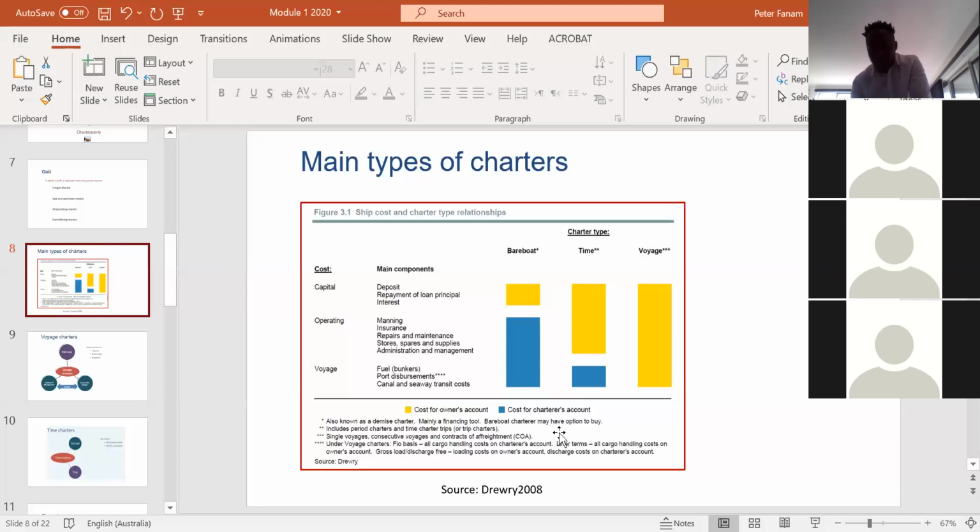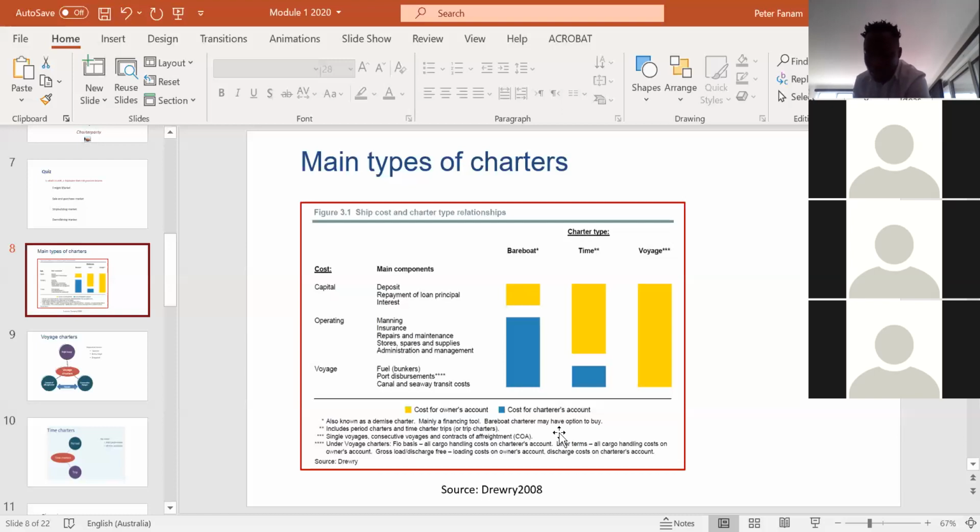So therefore, the voyage costs like fuel costs, port dues, canal dues, and any handling charges should be on the account of the charterer, because he is directing the vessel, the distance that the vessel should cover, which area the vessel should go, and he is responsible for that. So he should be responsible for paying all the voyage related costs.